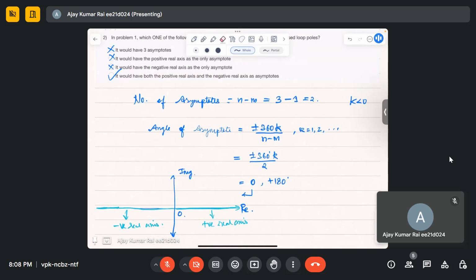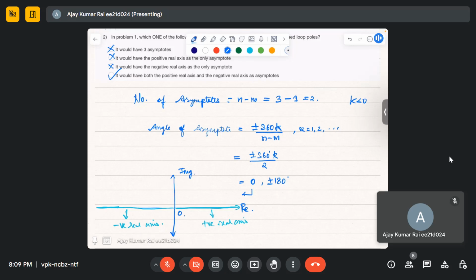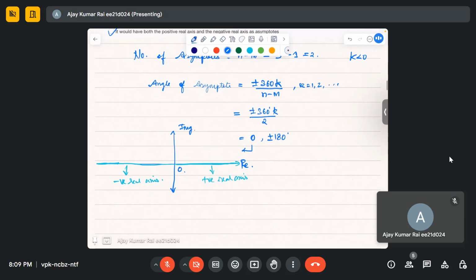Since we have two asymptotes, if you put k equal to 0 you have 0 degrees, and if you put k equal to 1 you have 360 by 2. Plus or minus 180 degrees is the same. So only two angles of asymptotes exist: for 0 degrees it's the positive real axis, and for plus 180 degrees it's the negative real axis.